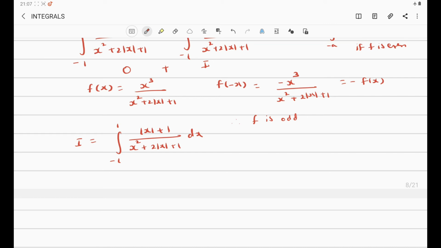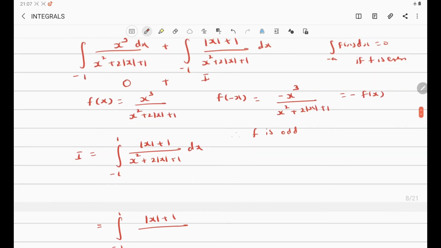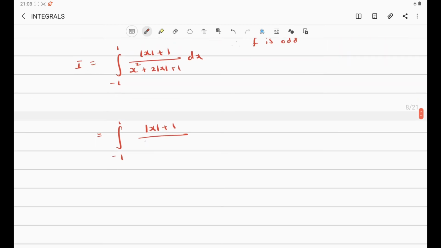We can write x square plus 2 mod x plus 1 as (mod x plus 1) whole square.